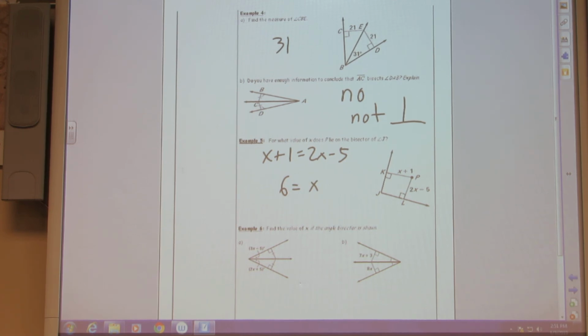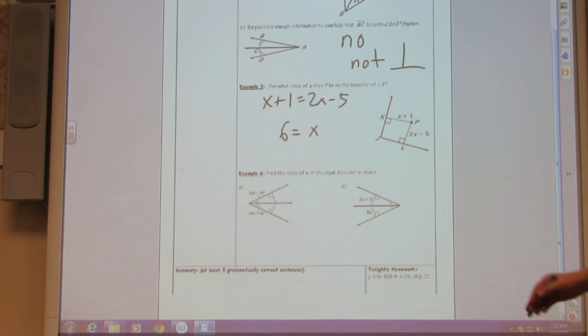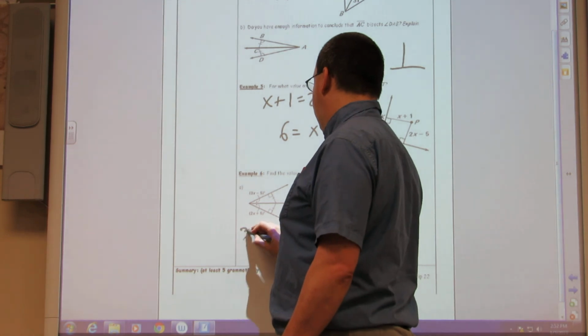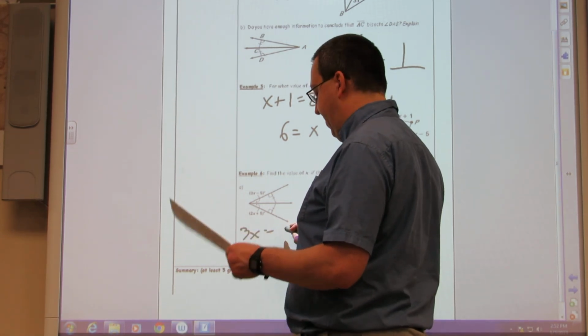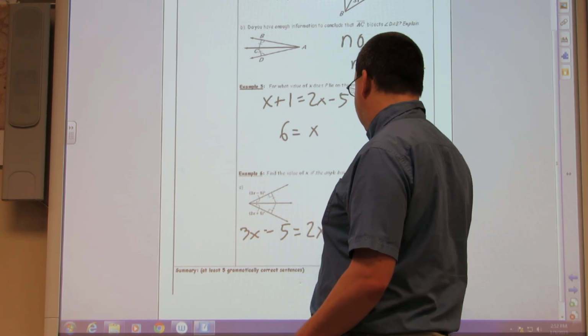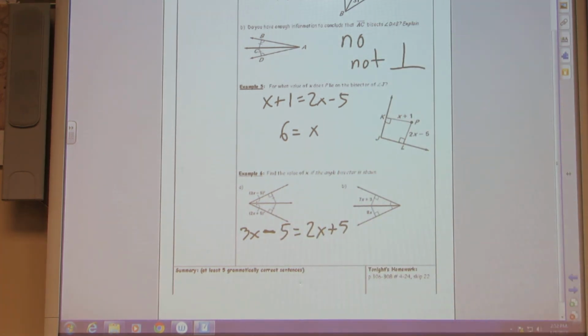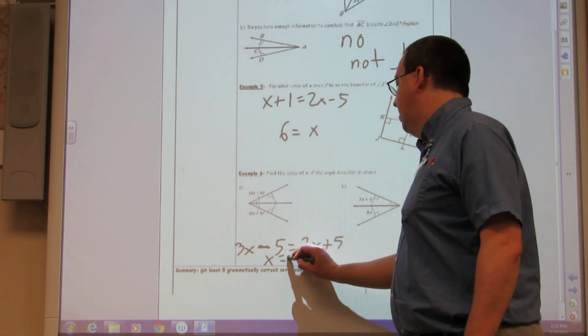I would do similar stuff for A and B below. I would set those different equations equal. So A, 3x minus 5 equals 2x plus 5. This is a minus sign here. Solving that for x, we get x is 10.